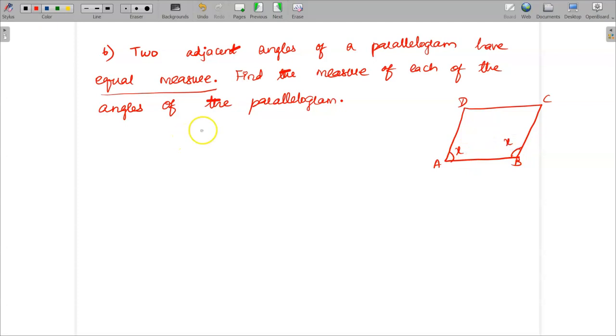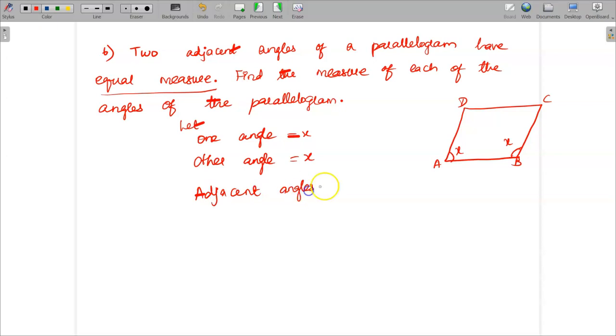Here if one angle is x, definitely the other angle is also x, because they have said that two adjacent angles are of equal measure. And again we know the same rule: adjacent angles are supplementary.